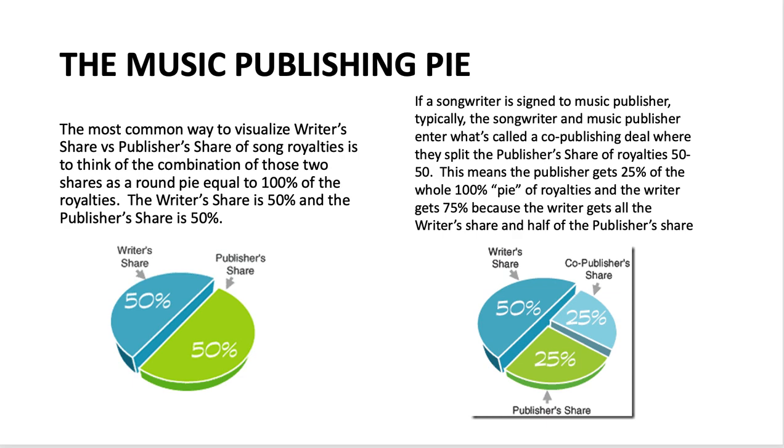In a typical co-publishing deal, they're going to get 25% of the whole pie, which equals 50% of the publisher's share, and then they're going to give you the other 25% of that pie. So again, the other 50% of the publisher's share. So how this would work is that in a typical co-publishing deal, they're taking 25%. They are giving you 75%.